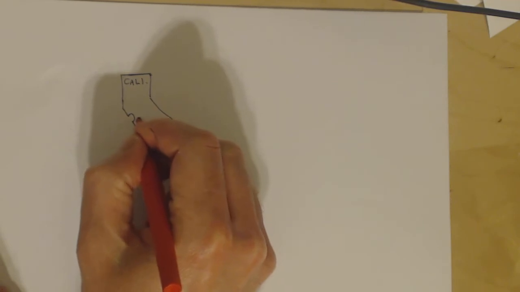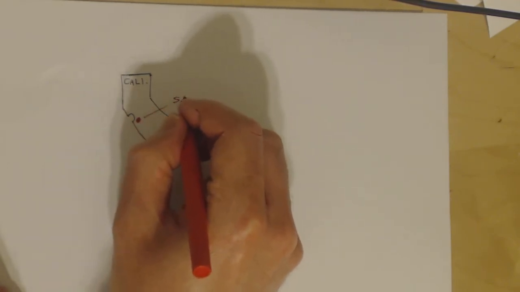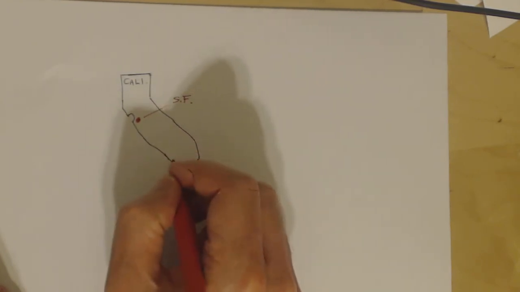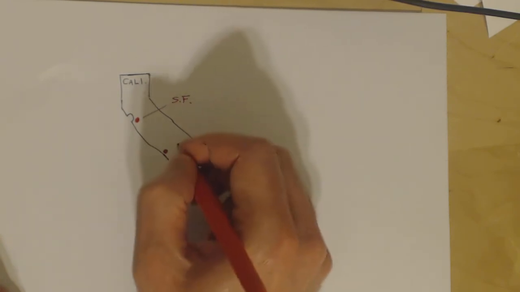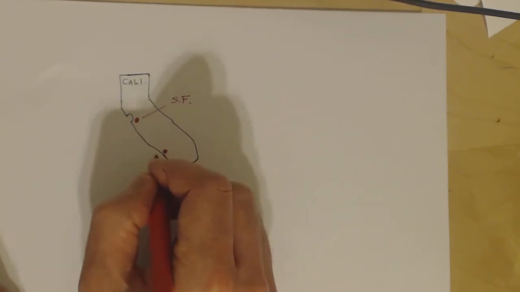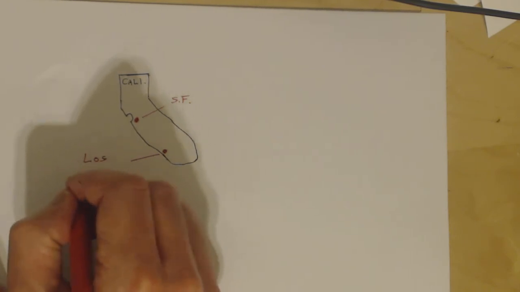The one up here is San Francisco. And the one down here, well, okay, more than two. There's San Diego too, but we're going to just talk about these two for the time being. The one down here, of course, is Los Angeles.